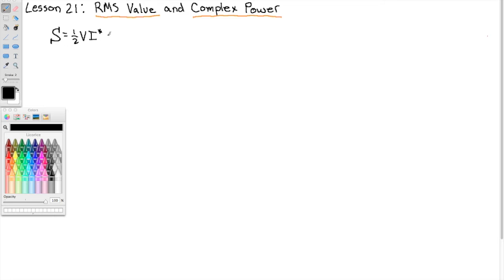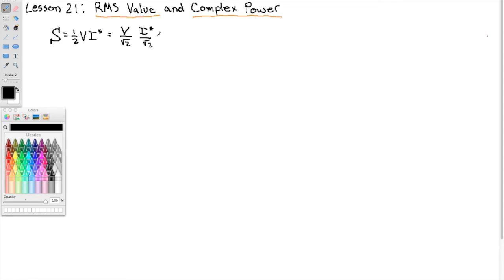So again, I'm going to use this trick where I'm going to let the 2 be the square root of 2 times the square root of 2. So this will be V over the square root of 2 times I complex conjugate over the square root of 2. And these are phasors now, right? V has a magnitude and a phase angle, and I has a magnitude and a phase angle.